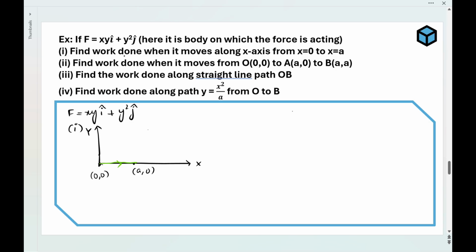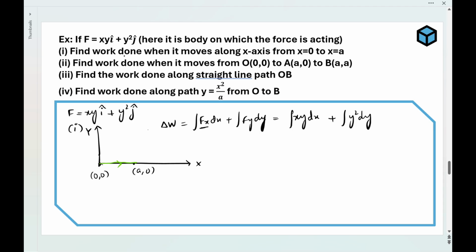So we will write the integral of Fx dx plus the integral of Fy dy. There is no Fz, so I am not writing it. This would be equal to, Fx is xy, so xy dx, where xy is the x component of force, plus y square dy.